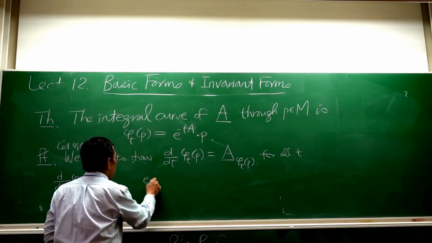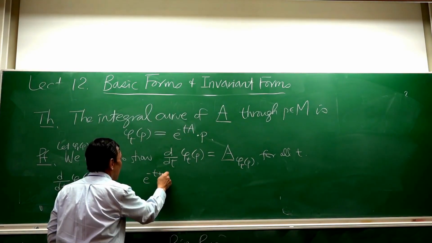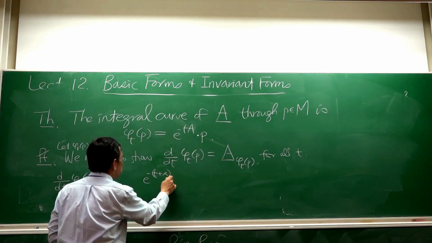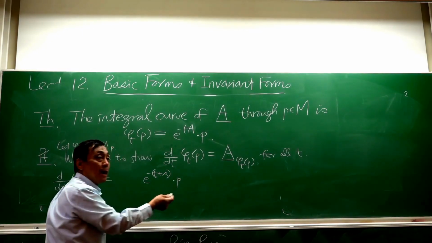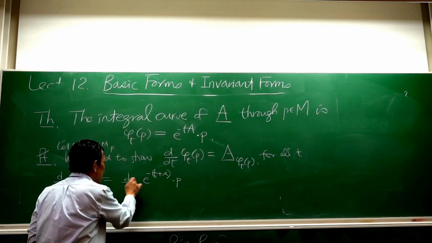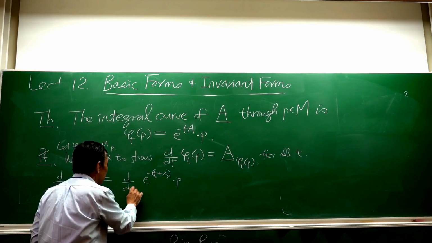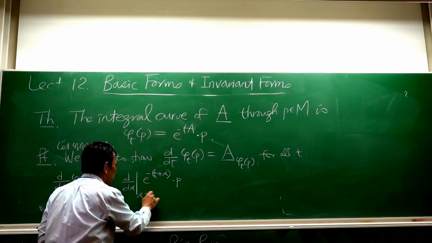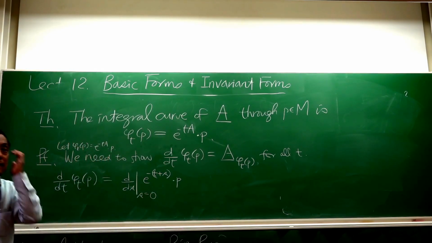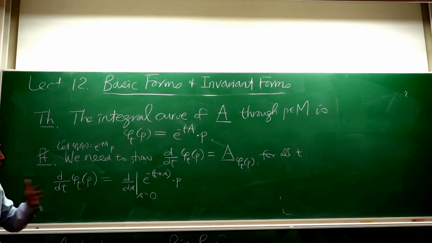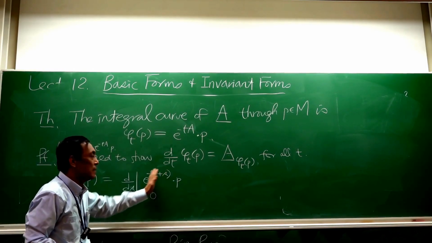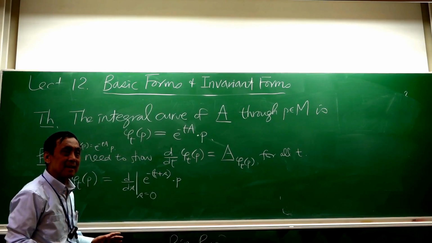So you add s to t, and then you differentiate with respect to s at time 0. That's the derivative at time t. You move t a little bit and differentiate.